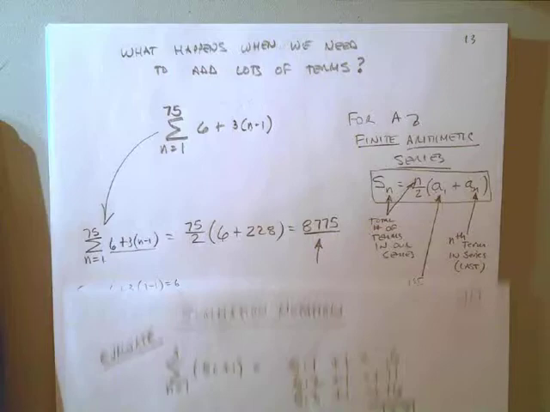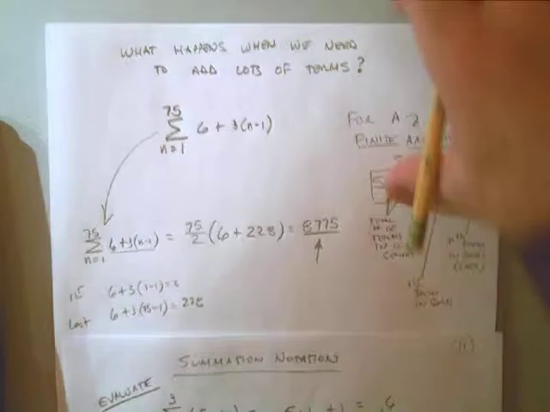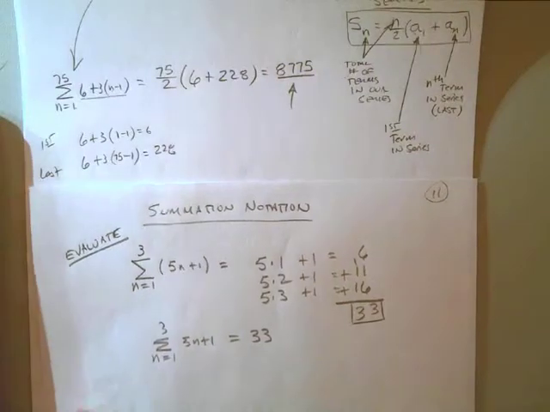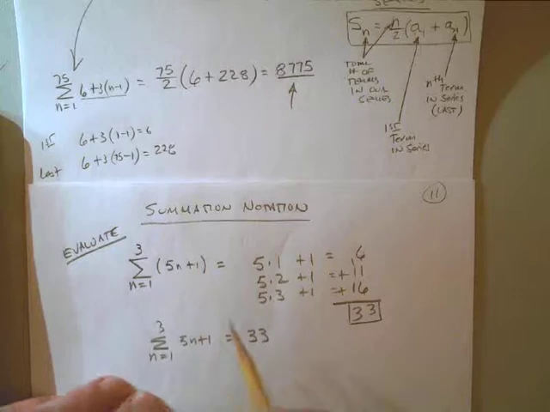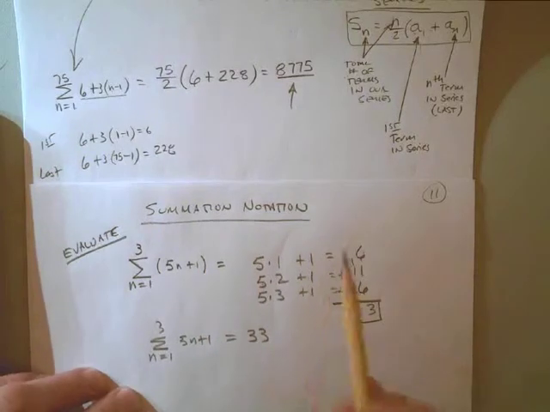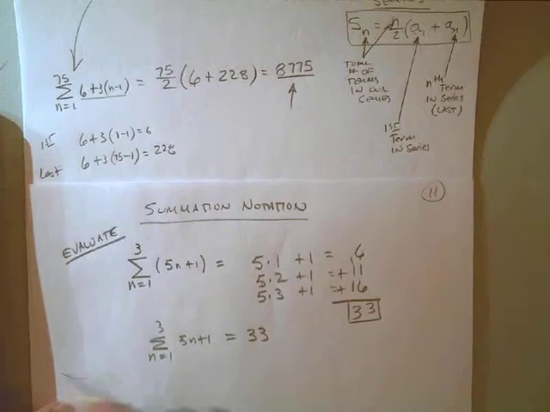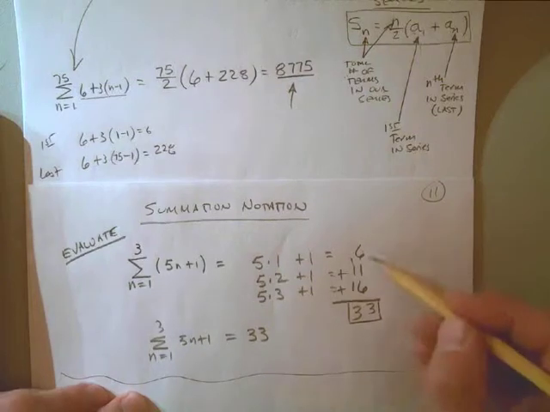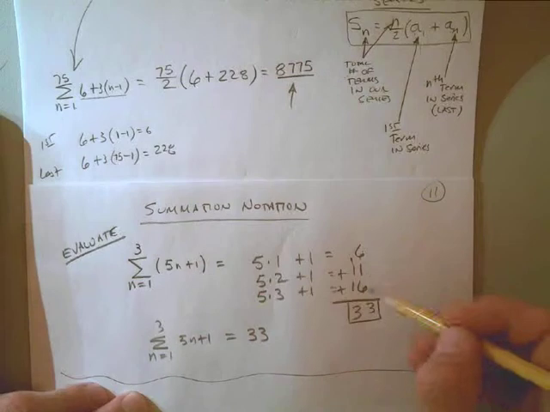Let's go back to this problem. Now I'm going to raise this up a little bit so we can keep track of our formula. When we did this before, we did this all out the long way. But now that we know the shortcut way, let's do it. Oh, and again, remember, this only applies to an arithmetic series, and I think this is arithmetic because it looks like we're adding 5 every time.